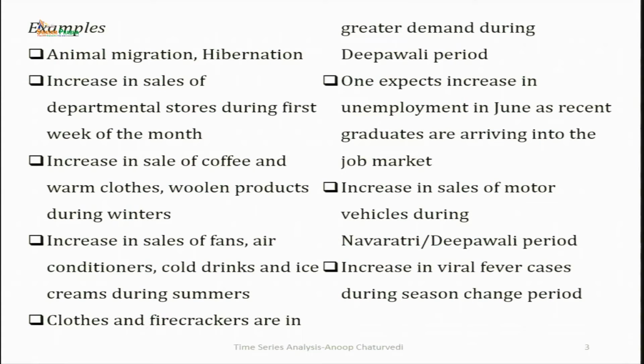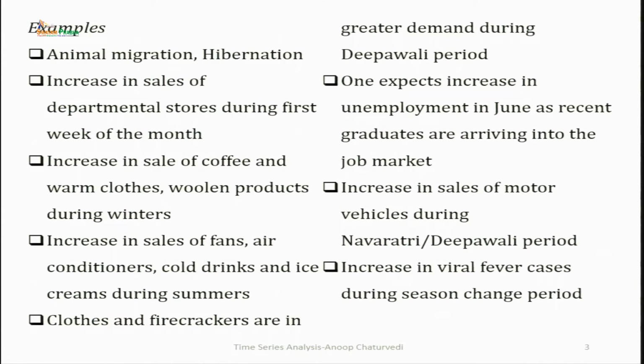Increase in sale of coffee and warm clothes, woolen products during winters. Here the cause of seasonality is the winter season. The sale of coffee or warm clothes increases during the winter season.